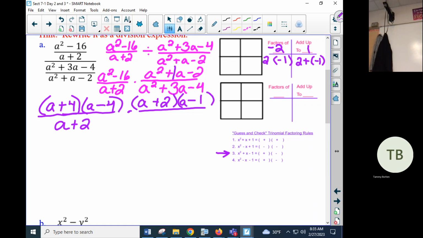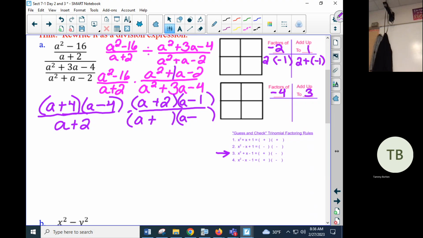Then we come down to this one to factor. And it's plus minus. Plus minus is 3 again. So we have a plus and a minus. And then if it's a squared, we do a and a. And then the -4 comes here. The +3 comes here.